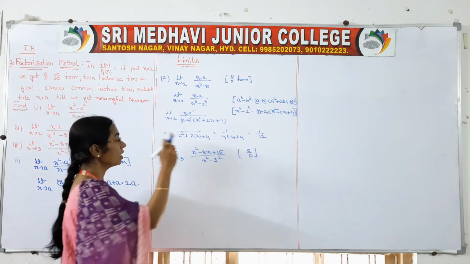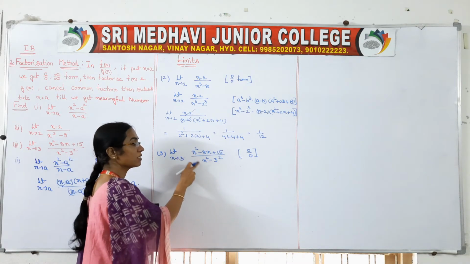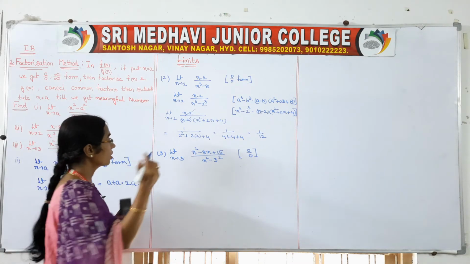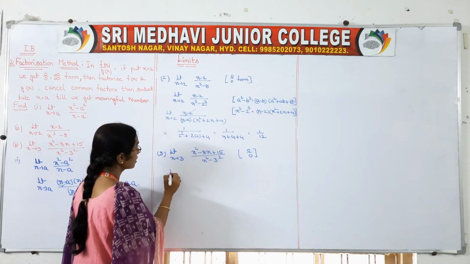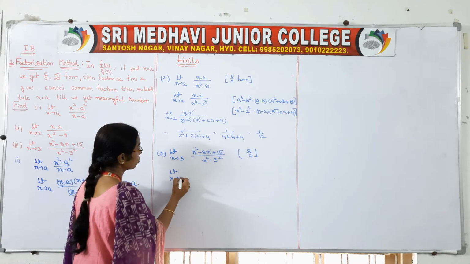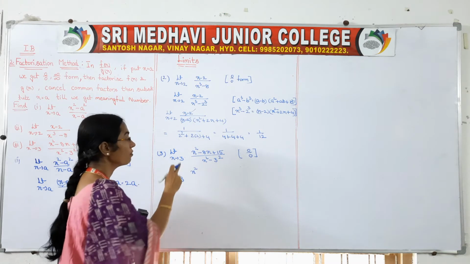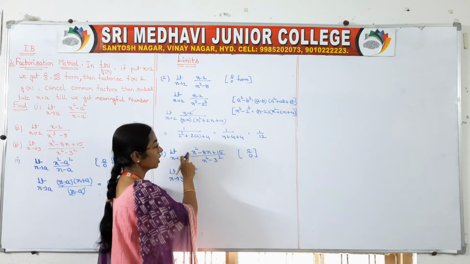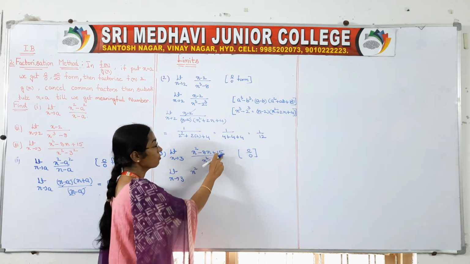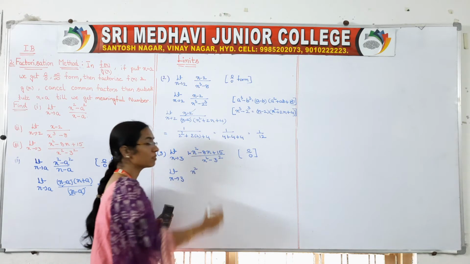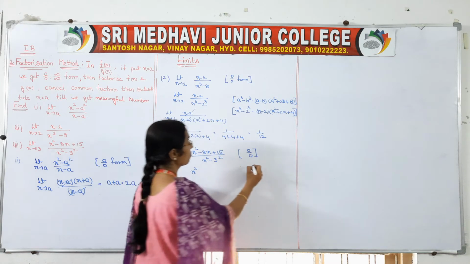So here we can factorize f of x as well as g of x. So how can we factorize? Limit x tends to 3, x square minus 8x plus 15. Here factorization means first we have to multiply the x square factor with 15. X square factor is 1, 1 into 15 is 15.